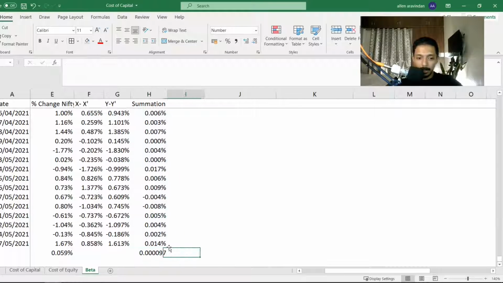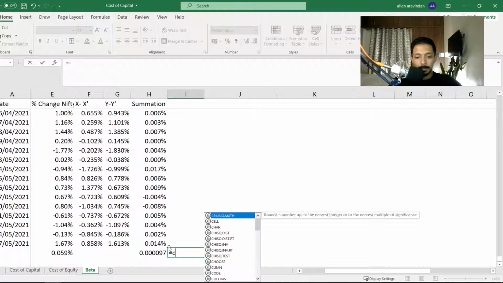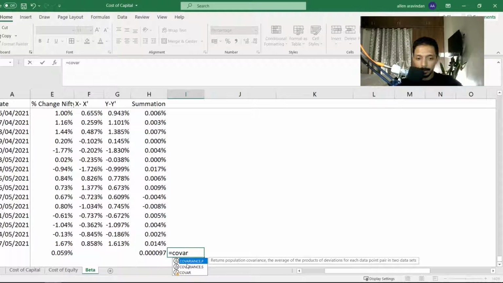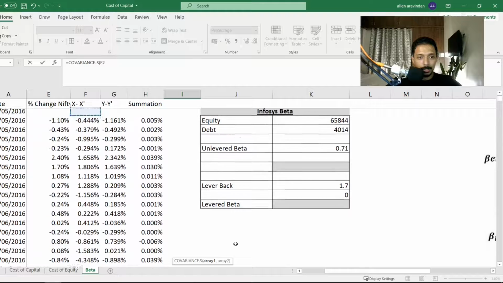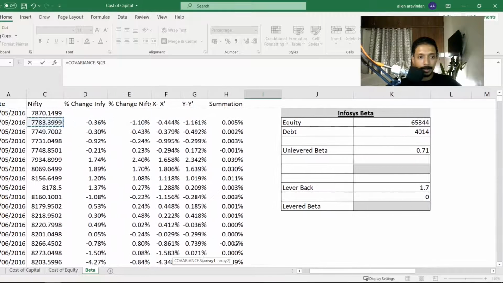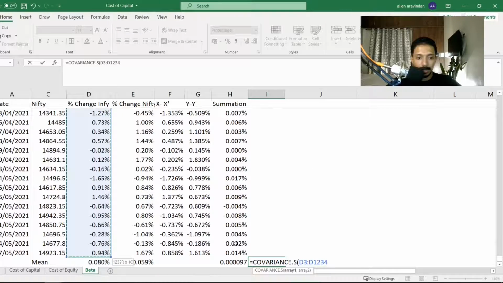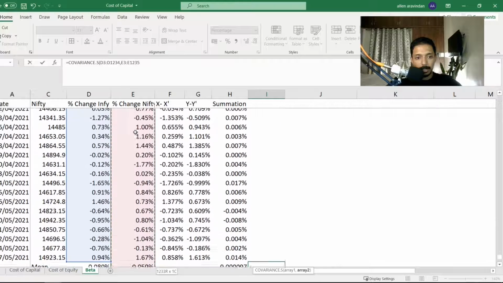Okay, so you could have used a formula as well. For example, you can use the covariance sample formula to find the same thing. Now you will not take the difference from the mean, you will take directly the percentage change of the prices of both the series, right?